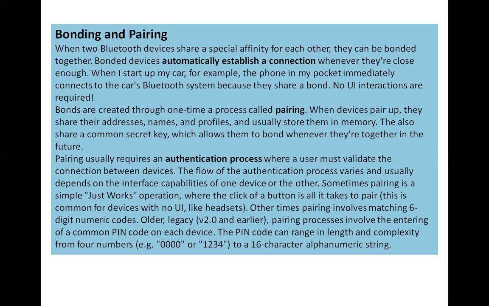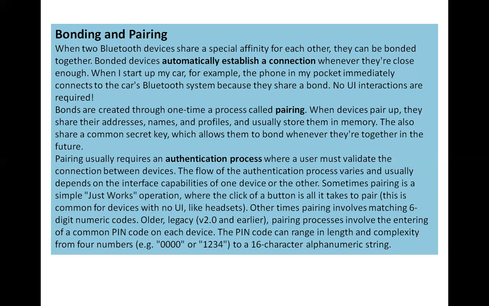When I start up my car, for example, the phone in my pocket immediately connects to the car's Bluetooth system because they share a bond. No UI interaction is required.